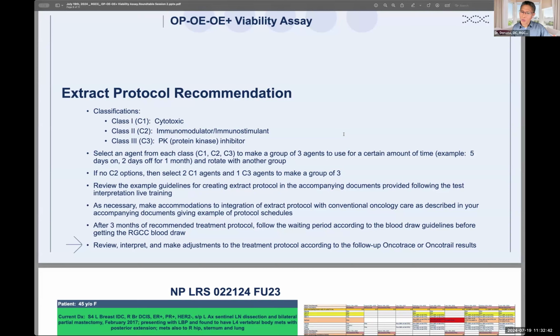If that's the case, then you are encountering this 13.8% false negative of the OncoTrace. In that 13.8% false negative, if this person is receiving systemic treatment, your CTC number, if it's even there, will be lower than expected or higher than expected.